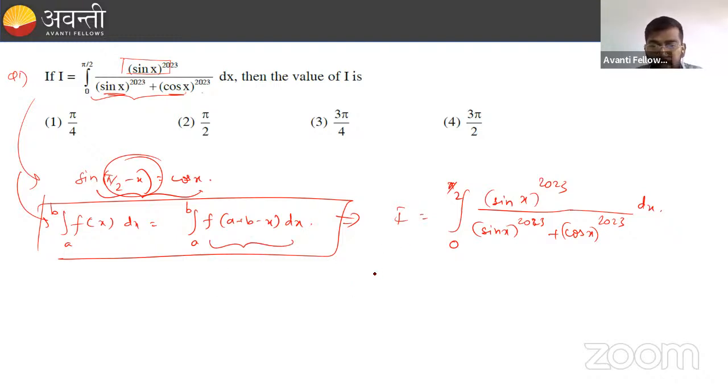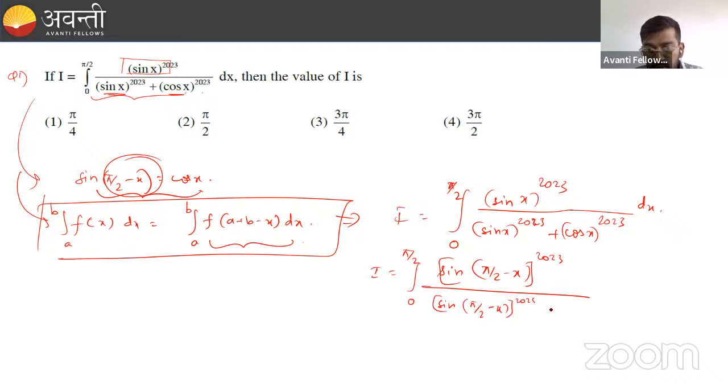We can also write I as integration 0 to pi by 2. We can write this as sine of a plus b minus x, a is 0, b is pi by 2, so it becomes sine of pi by 2 minus x to the power 2023 upon sine of pi by 2 minus x to the power 2023 plus cos of pi by 2 minus x to the power 2023 dx.